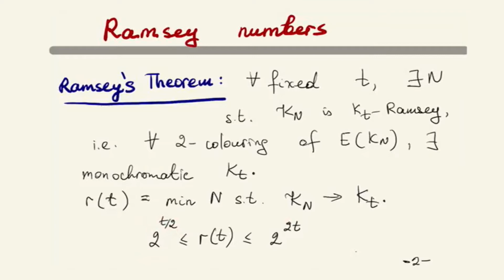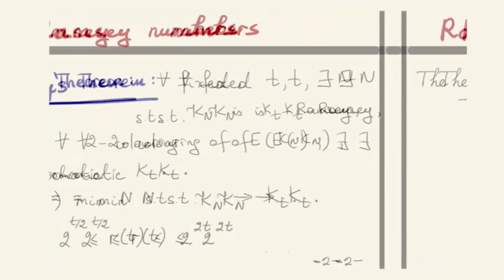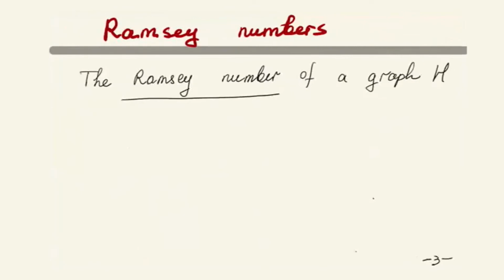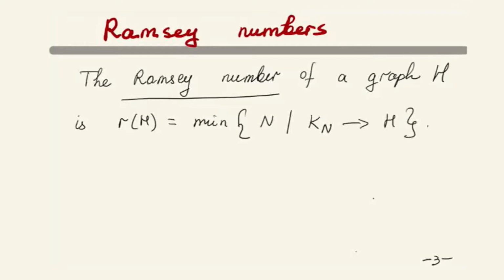What today I'm going to mostly talk about is so-called size Ramsey numbers. But before that, let's just generally define what the Ramsey number of a graph H is. The Ramsey number of a graph H is defined to be the minimum n such that the complete graph Kn is Ramsey for H. So R(t) was just defined to be the Ramsey number of Kt.